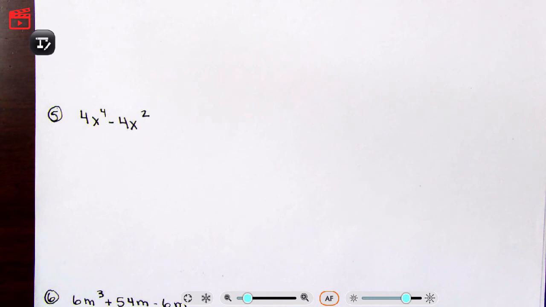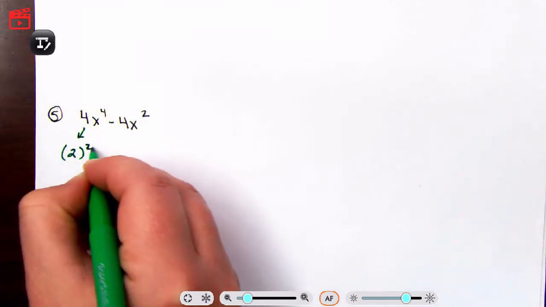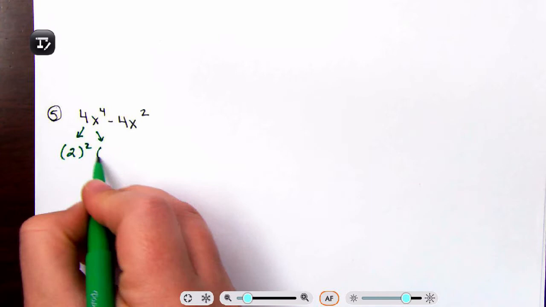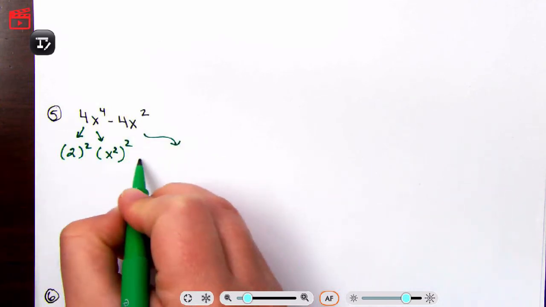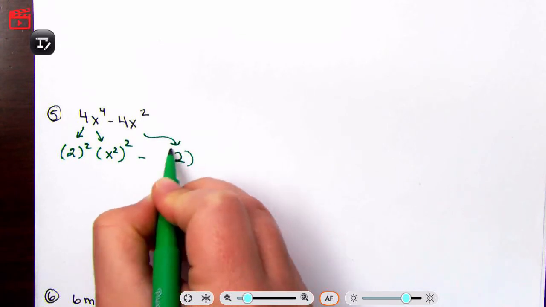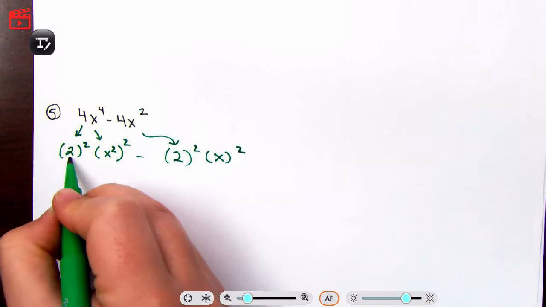Oh, I see a 4. Anytime I see 4 or 9, I always get excited because I'm thinking squares. So 4 is 2 squared. X to the 4th power can be written as x squared, squared. And I have something very similar here: 4 is 2 squared, but this time I have x squared. Combine the bubbles.